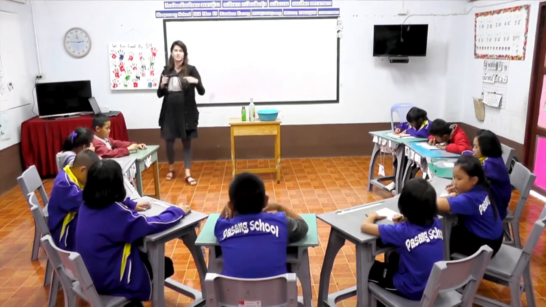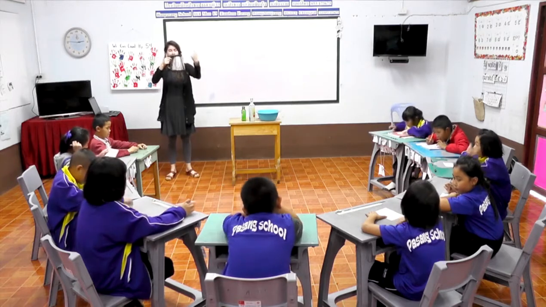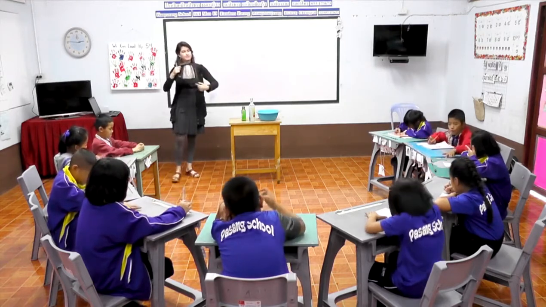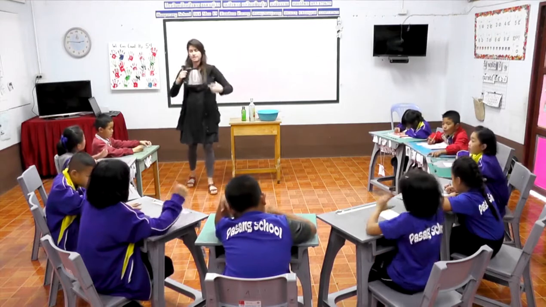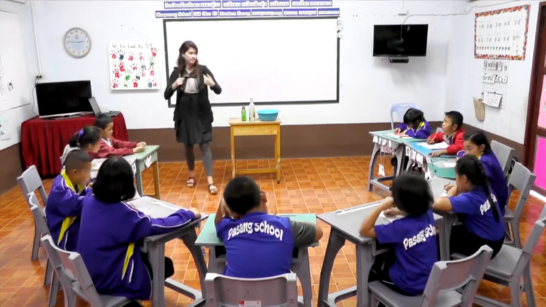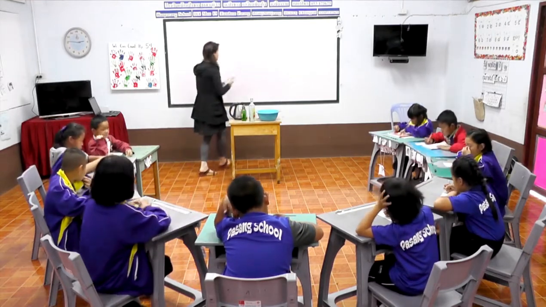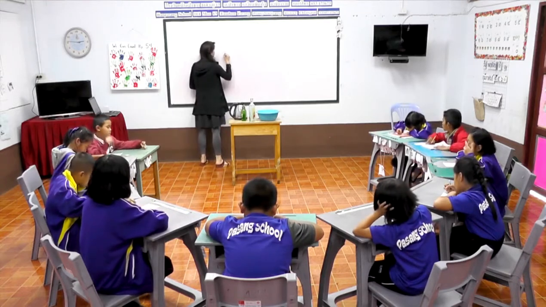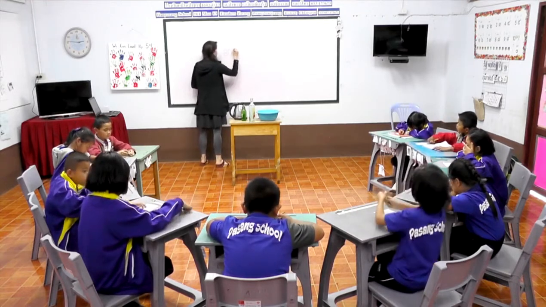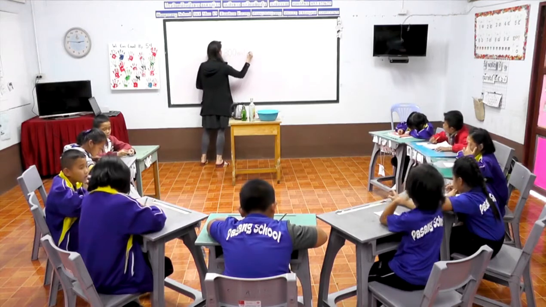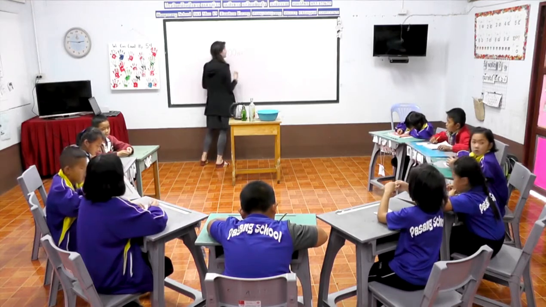Hold on, we're going to talk through this one. How many milliliters do we have in our kettle, friends? 800 milliliters. So that goes first. Our biggest number goes first in division. 800 milliliters divided by.